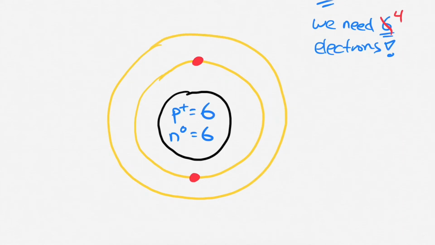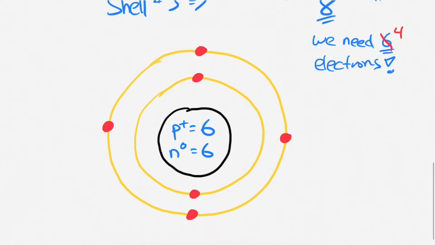And the way that we draw these on in the second shell is that we draw them on going clockwise. So we're going to start at the top, draw our electrons. There's 1. Second one is going to be a quarter of the way around, 2. Third is at the bottom, 3. And 4. So there you go. Are we done? We needed 4 electrons in the second shell. We got them.